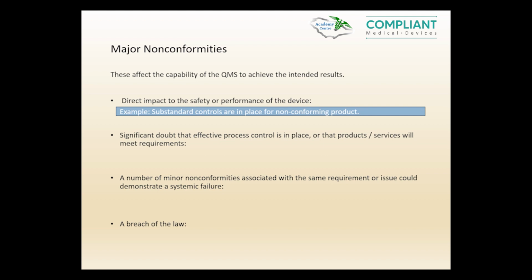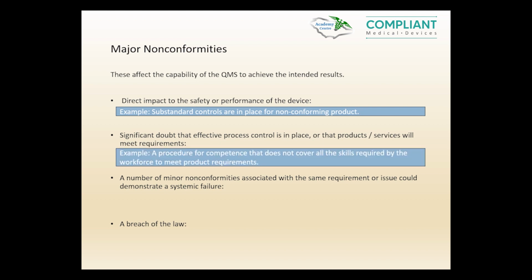Number 2, significant doubt that effective process control is in place or that products or services will meet requirements. Example, a competence procedure that does not cover all the skills required by the workforce to meet product requirements.